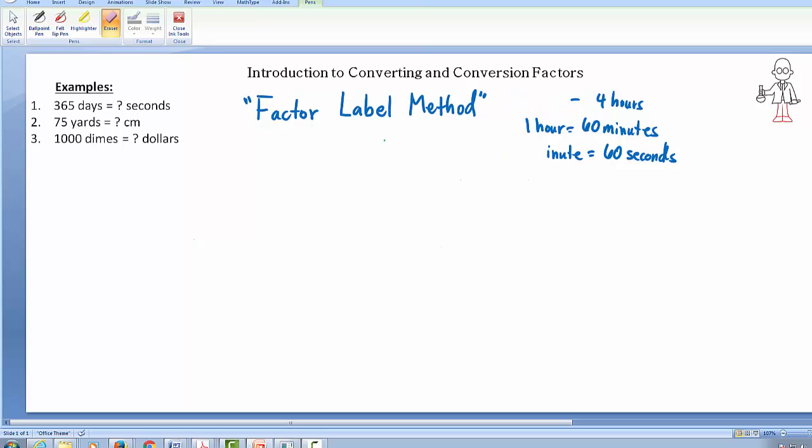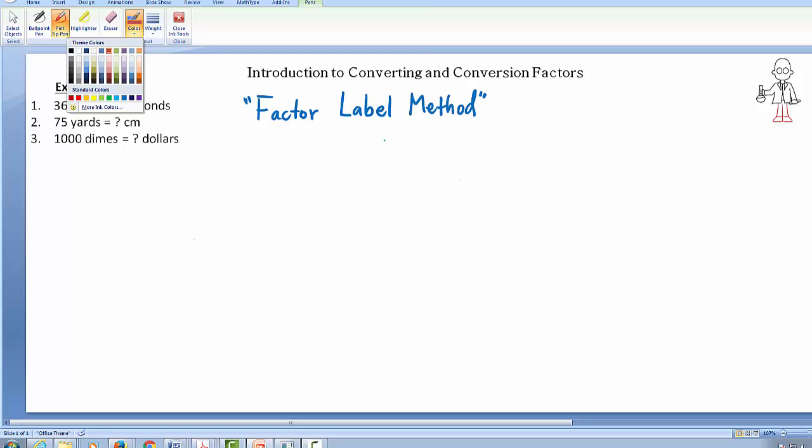Let's look at the second problem. The second problem says, how many centimeters are in a yard?